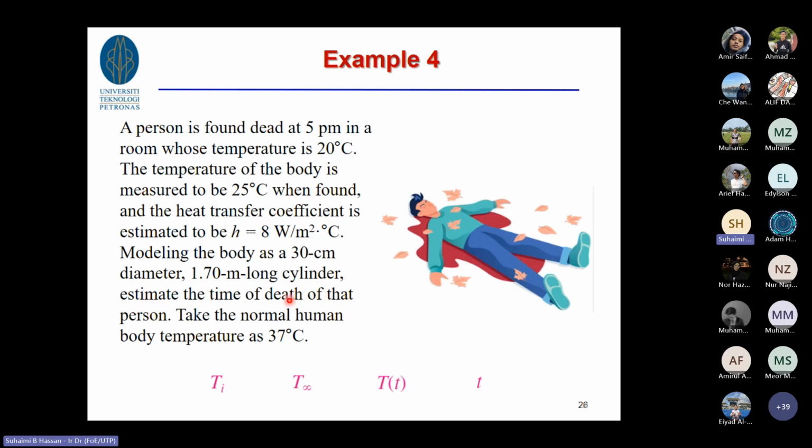Time taken, time T lah, because they found the body at 5 p.m. So what they do there is use the modeling to estimate the time of death: TI, the ambient, TT and T. T is the unknown. TT final is 25, the temperature after death. Initial 37 normal human temperature, and the room temperature is 20.